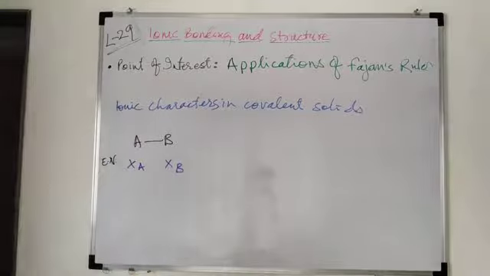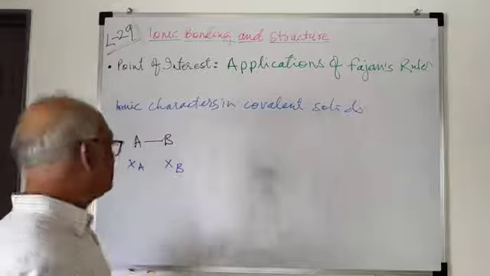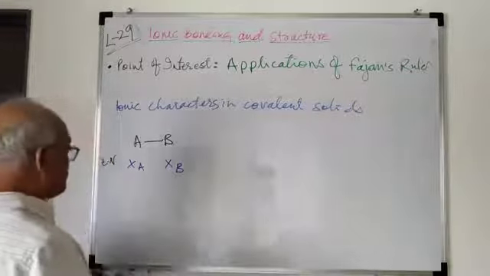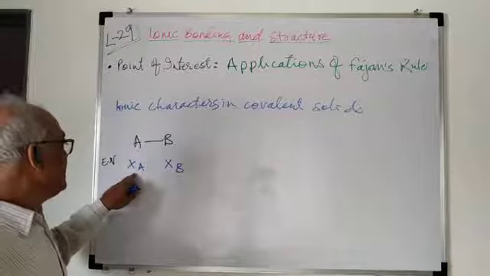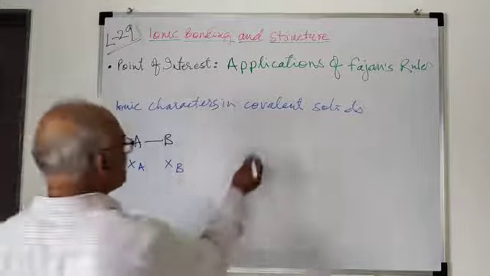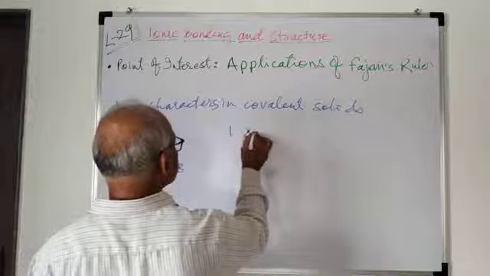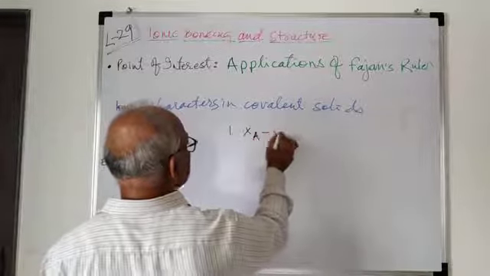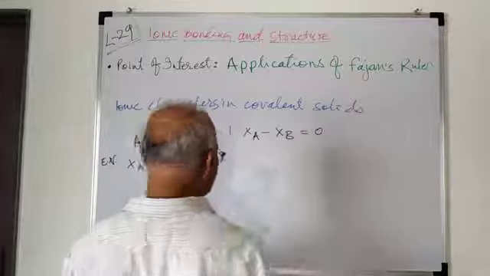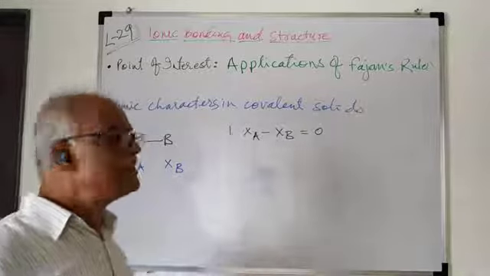The ionic or covalent character depends upon the difference between the electronegativities of A and B. The first condition is when XA minus XB is equal to 0, meaning there is no electronegativity difference.